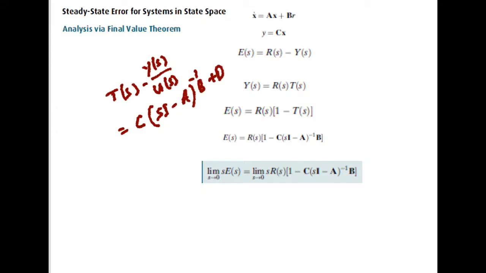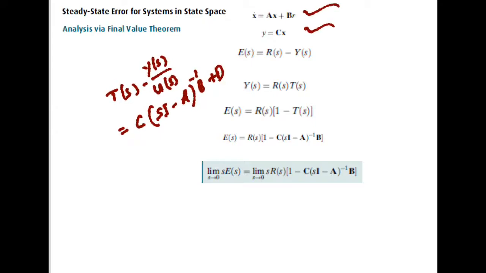A single input single output system represented in the state space can be analyzed for the steady state error using the final value theorem and the closed loop transfer function. Let us consider that the closed loop transfer function is represented in state space as this.